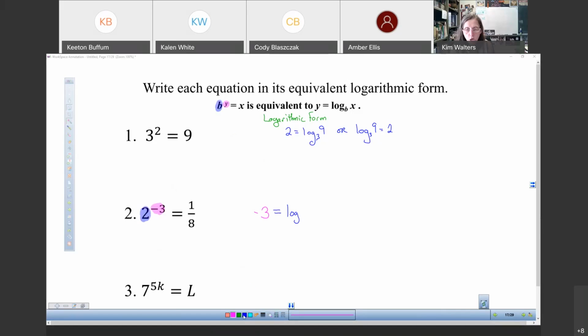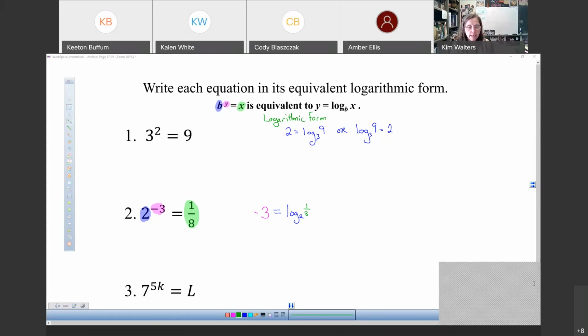So log base 2 of, and x is my 1/8, and it's going to be here with the logarithm. So -3 equals log base 2 of 1/8. My base should be pretty easy to find.